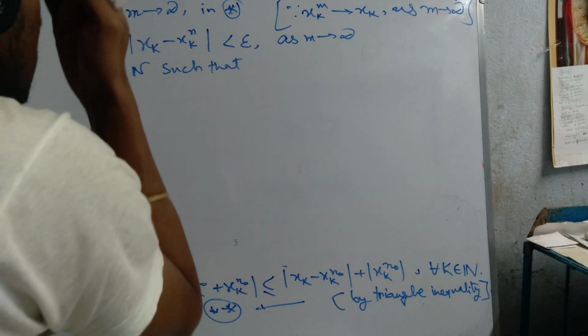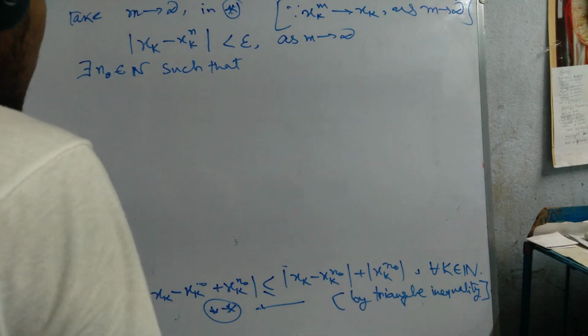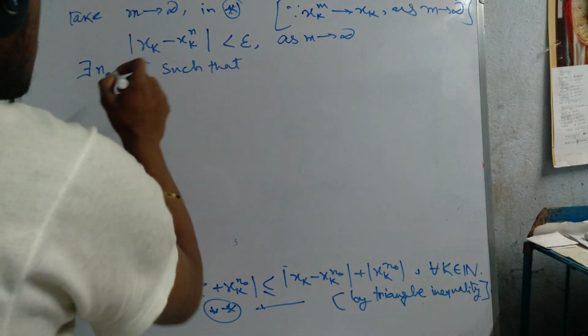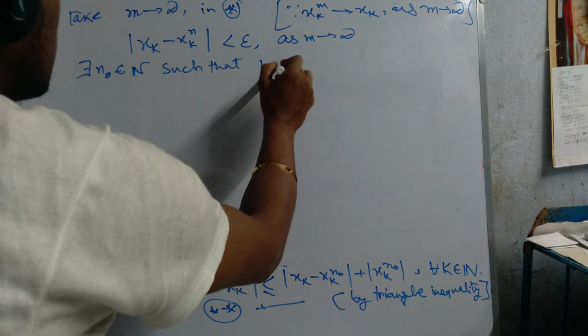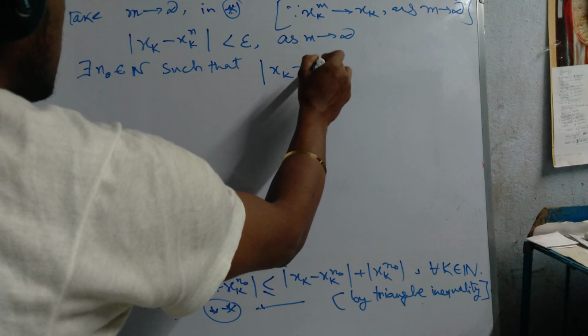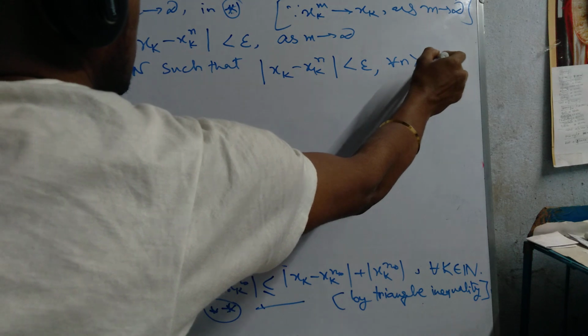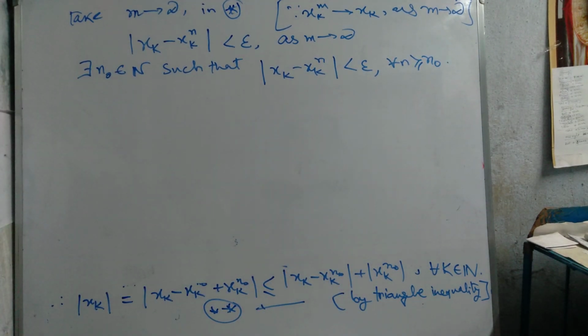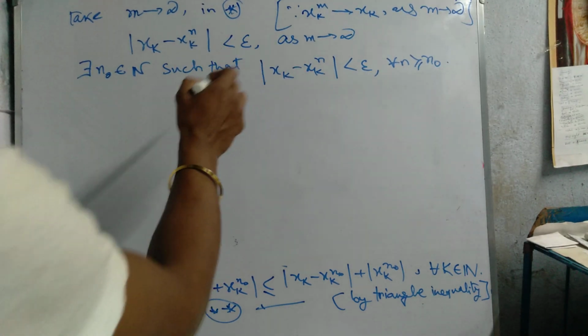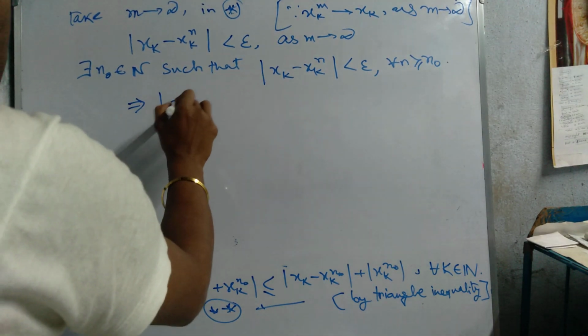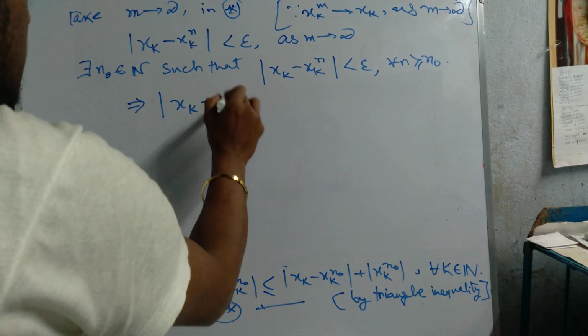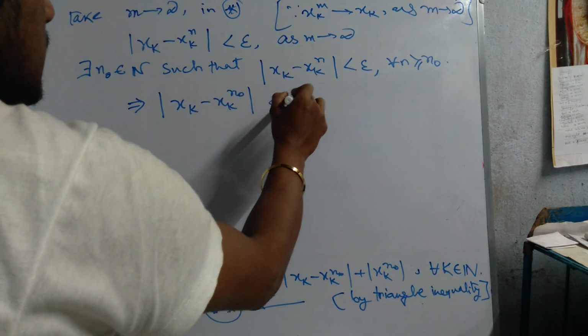So what that means, for all m and n greater than or equal to n0, there exists n0 such that the modulus of xk minus xk^(n) is less than epsilon for all n greater than or equal to n0. This one is given. So now we write xk minus xk^(n0) less than epsilon.